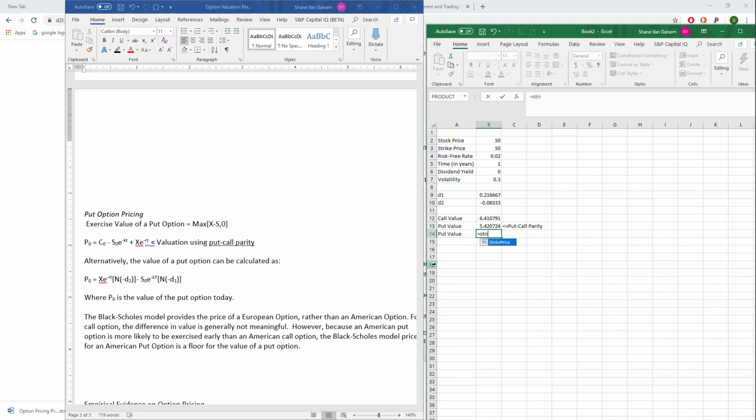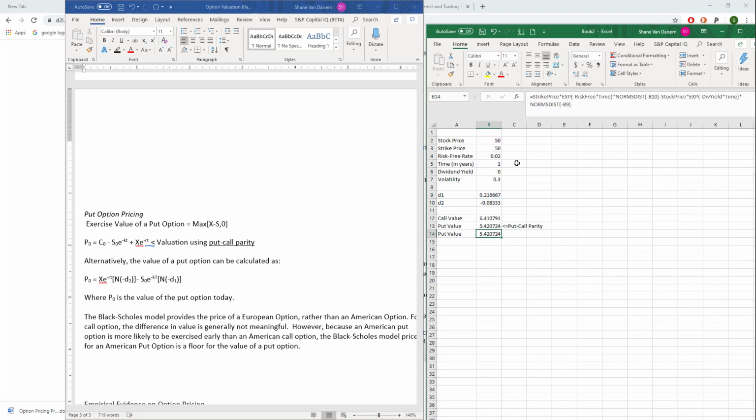So we have equals strike price multiplied by EXP negative risk-free rate multiplied by time, close parentheses, multiplied by NORM.S.DIST, and now we're going to put in negative D2, minus the stock price multiplied by EXP negative dividend yield multiplied by time, multiplied by NORM.S.DIST negative D1.